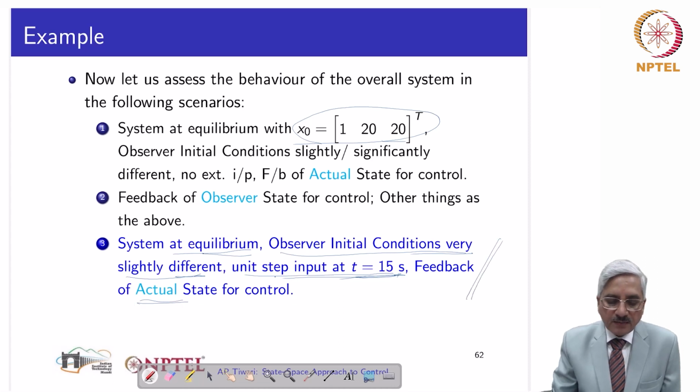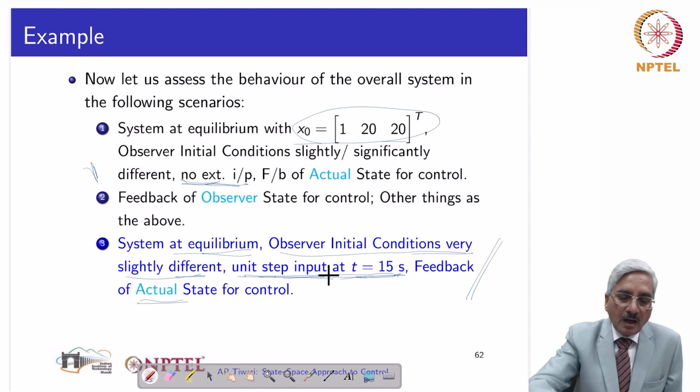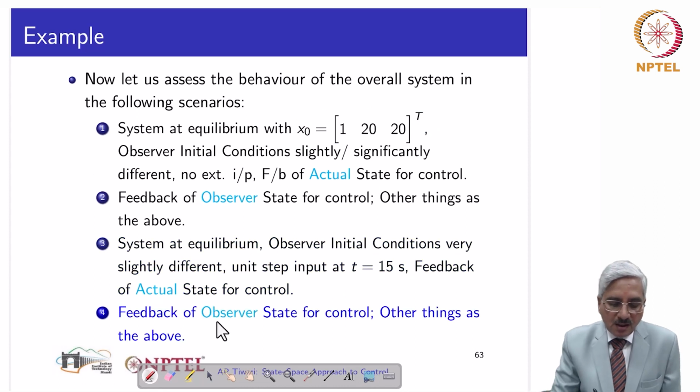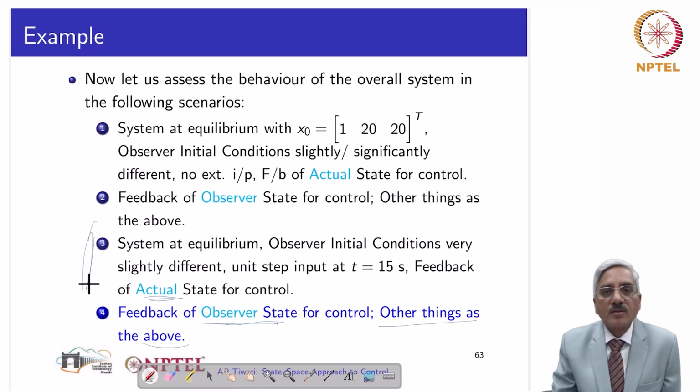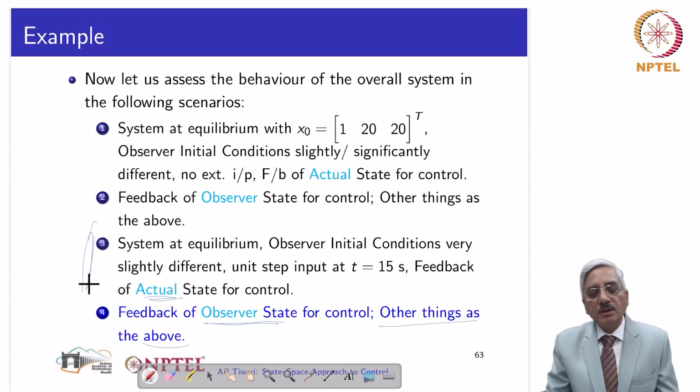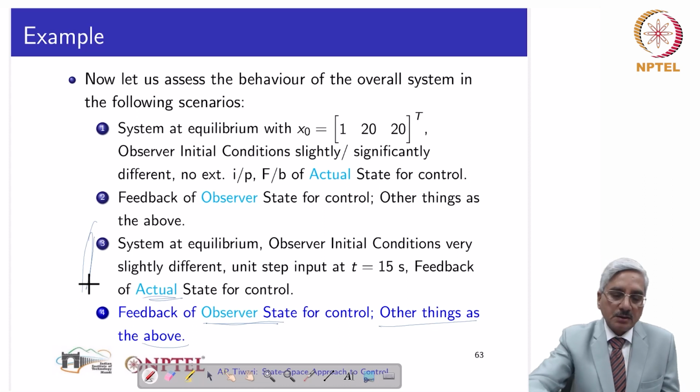So this condition differs from the earlier one. Here there was no input, here there is input, a unit step input. And the fourth scenario is, observer states will be used instead of actual states. All other things will be similar to this one. So we are going to see one by one how the system behaves in all these different scenarios.